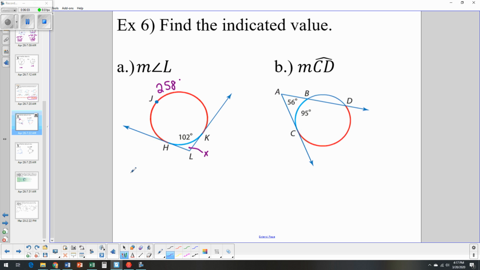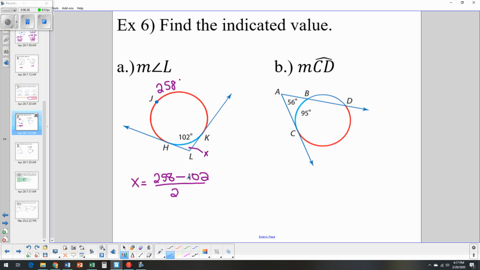Now I can set up angle equals outer minus inner over 2. So x equals the outer minus the inner, so that's 258 minus 102 all over 2. So I'm going to do the top first, no variables here.